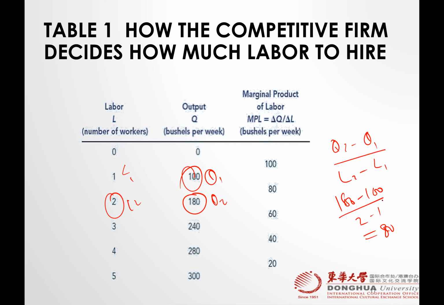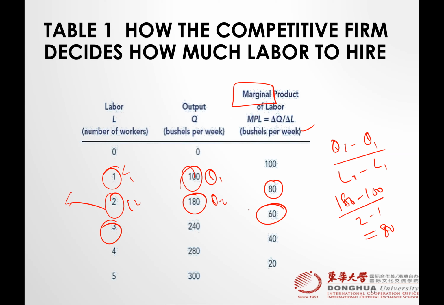So basically this marginal product of labor is telling us, what do we mean by marginal? Marginal means additional, or one extra. If we employ one more laborer in our business, he is adding only 80 bushels per week. And what does this 60 mean?